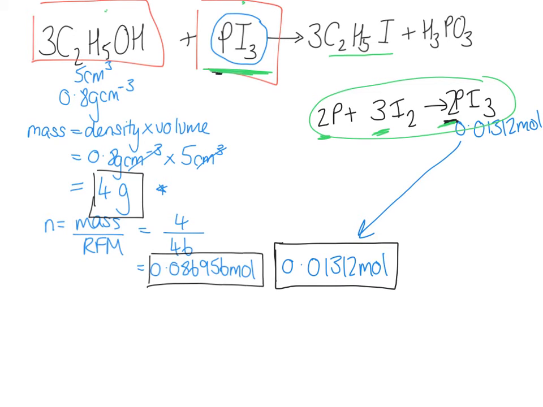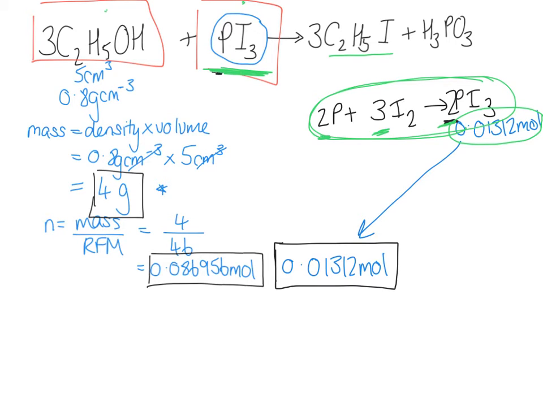And so when I say that in my first equation, this equation here, that I've produced 0.01312 moles, that's the number of moles that are available to go on and react with the ethanol. I haven't just suddenly halved the number of moles because there's now no longer a 2 in front of my phosphorus iodide.